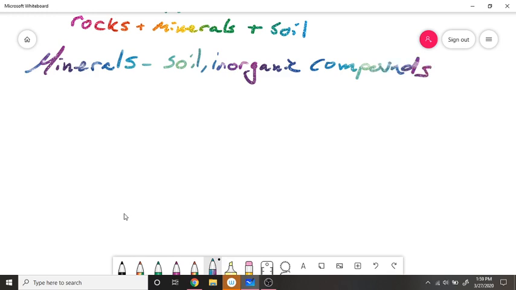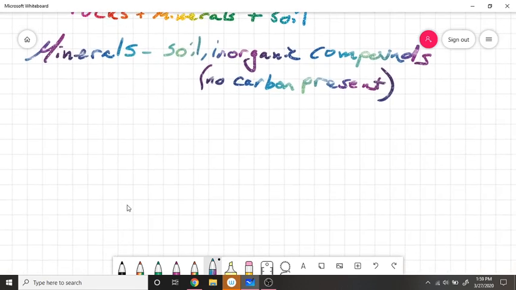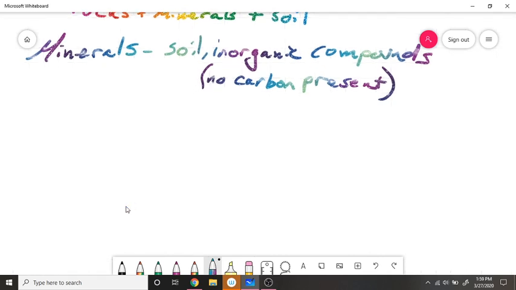We know that a compound is made up of 2 or more elements, and inorganic means that there's no carbon present. If there were carbon present, then that would be an organic compound. So, these are solid inorganic compounds.